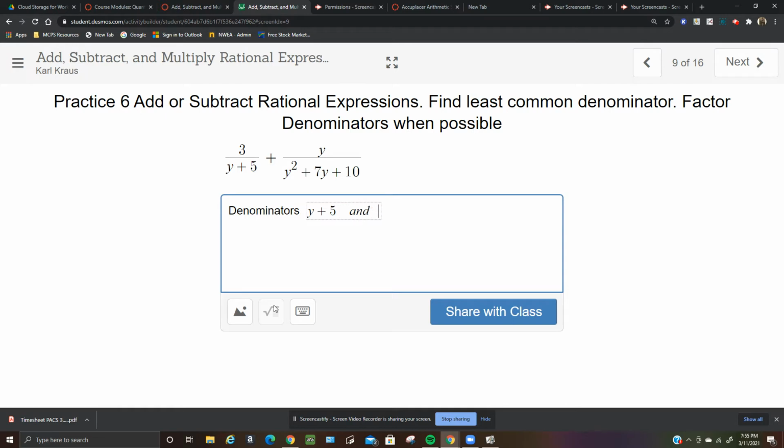And when you factor the other one, the factors of 10 that give you a 7 are y plus 5 and y plus 2. So the LCD is y plus 5 times y plus 2.